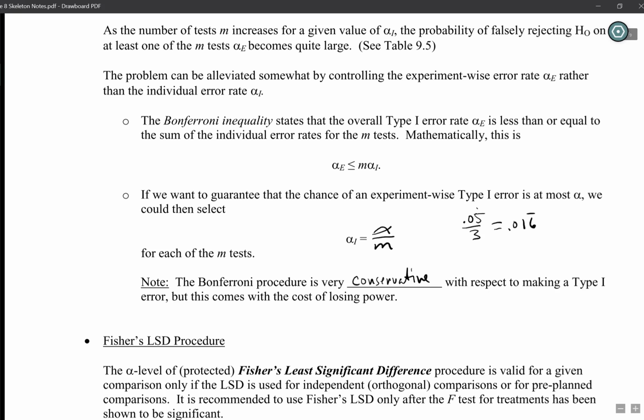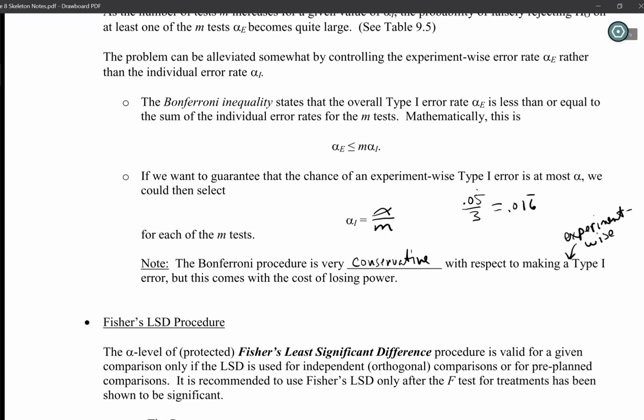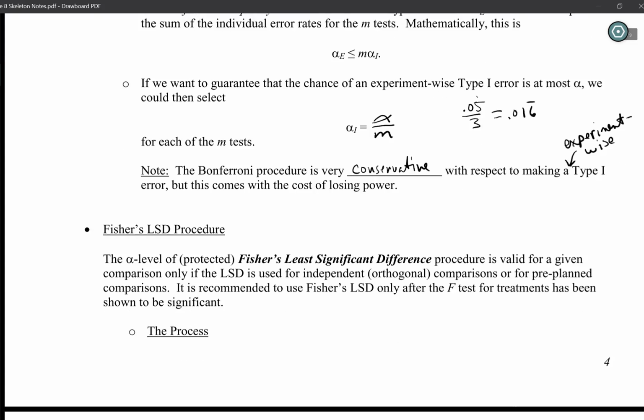Let me make this clear, against making an experiment-wise type 1 error, but the power of your test, in particular the power of the individual test, is decreased as you adopt this Bonferroni approach. Okay.